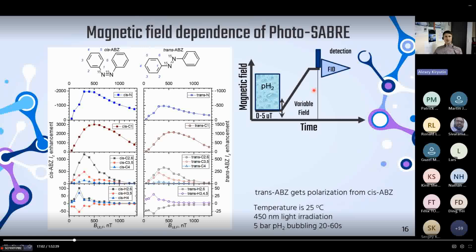To measure the magnetic field dependence of polarization transfer, we conducted a series of experiments in which the field inside the magnetic shield was varied. We found optimal magnetic fields for different types of nuclei, but most importantly, we confirmed that the field dependence profiles for cis and trans azobenzene are identical, differing only in amplitude.